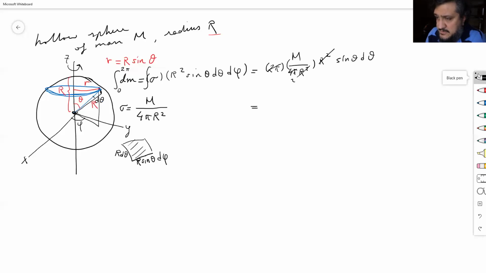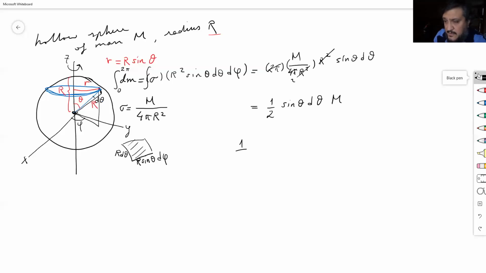So it is 1/2 sine theta d theta times m. Okay, so what I need to do now is to multiply this by the square of the distance, which is r.